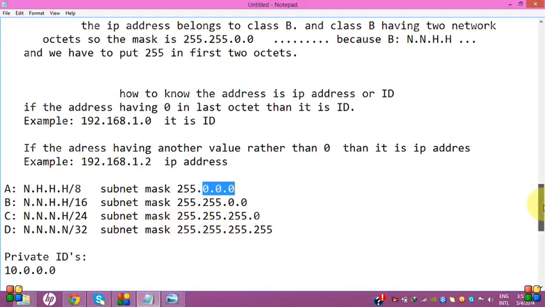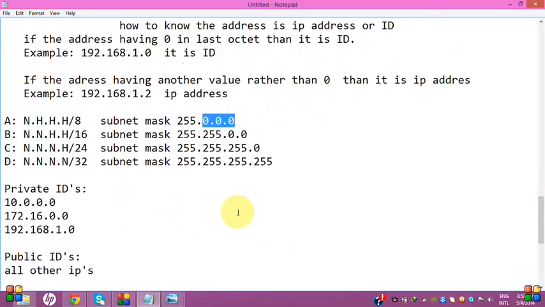Private IDs and public IDs. There are only three private IDs: 10.0.0.0, 172.16.0.0, and 192.168.1.0. You can use these IDs in your local area network, and they work in the local area network, but all IDs other than these three are used by the service provider.